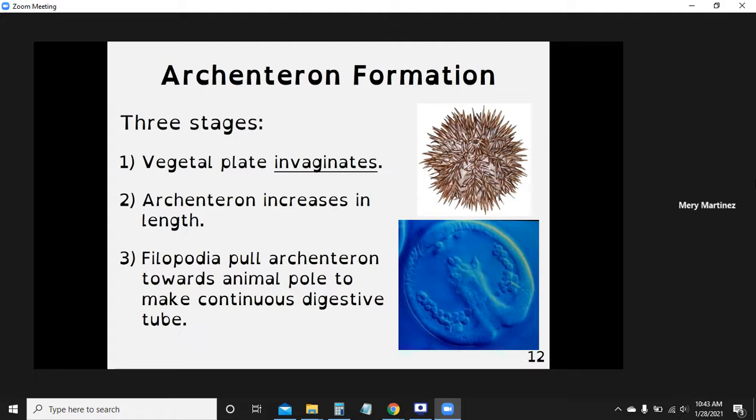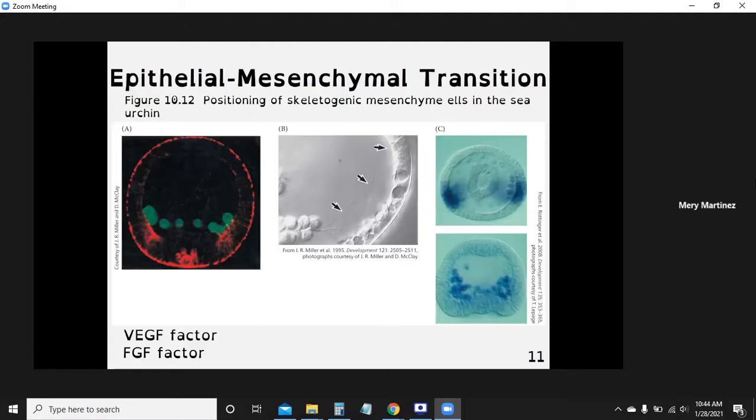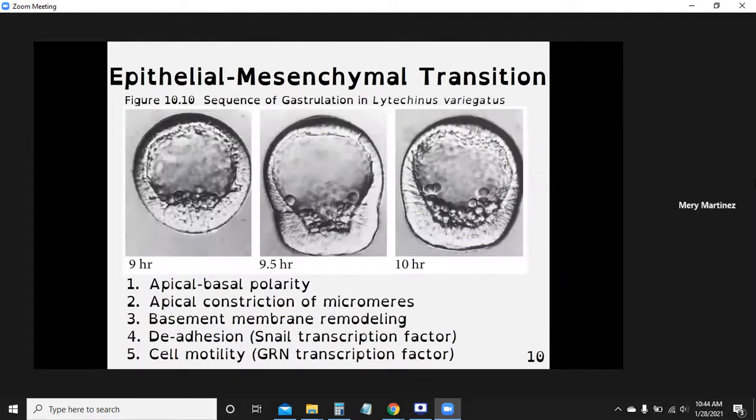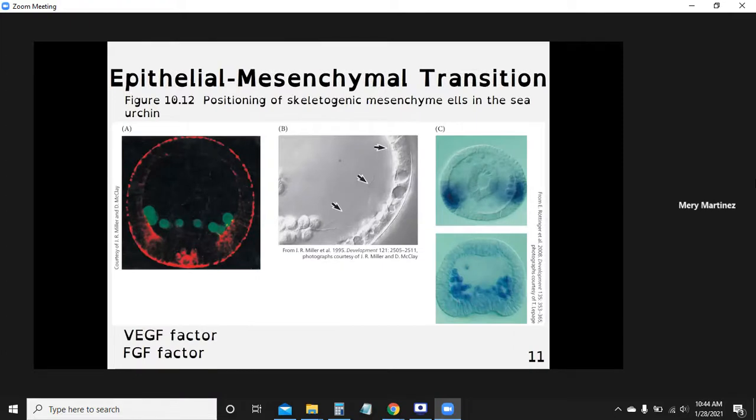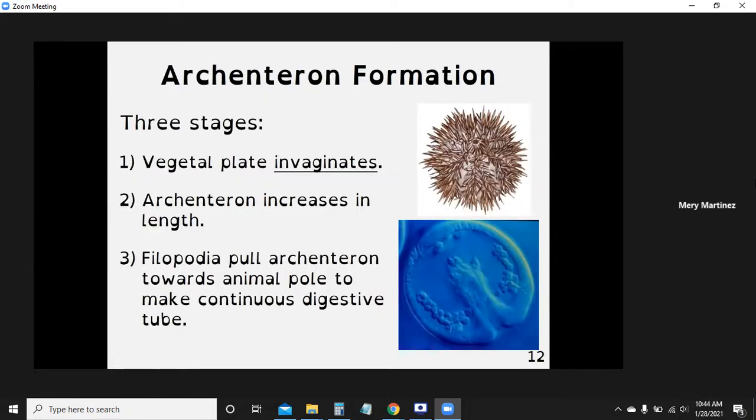First is the invagination of that vegetal plate. We had our plate here, the cells have gained the inside, and now they are placed at that equatorial belt. And now that section, as we see here in the transformation, starts invaginating, so poking inside, okay?